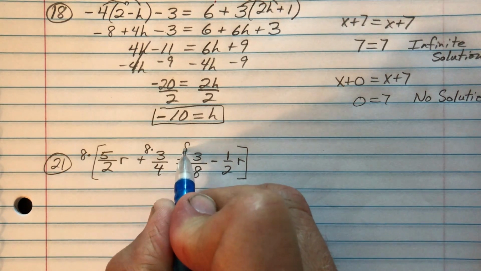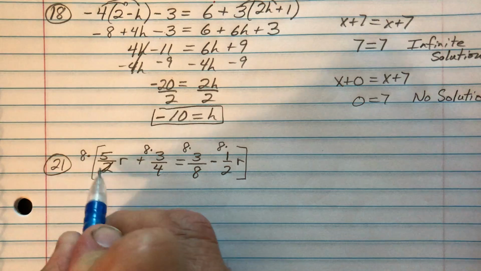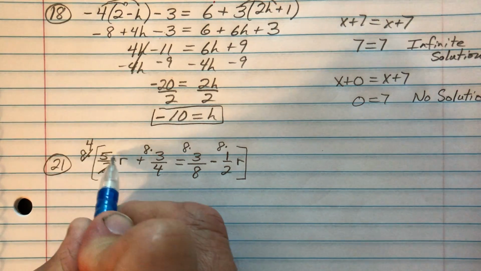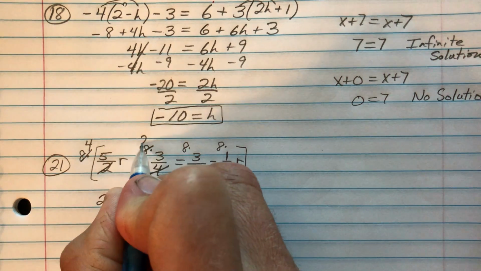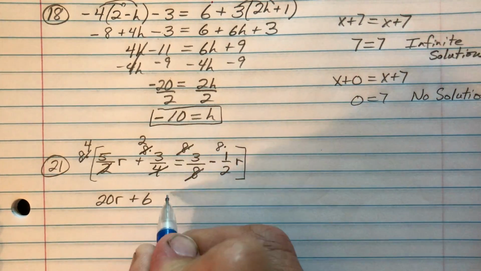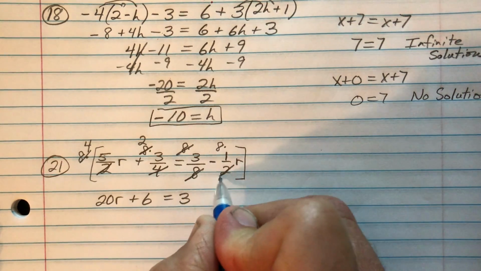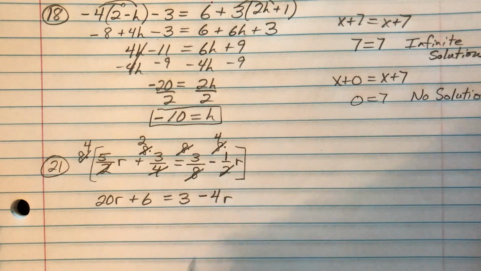I'll write it next to all these so we don't mess up. This 8 and this 2 are reduced to 4. 4 times 5r is 20r. This 4 and this 8 reduced to a 2. 2 times 3 is 6. These 8's cancel, leaving you with a 3. And this 2 and 8 reduced to a 4, so it's -4r.